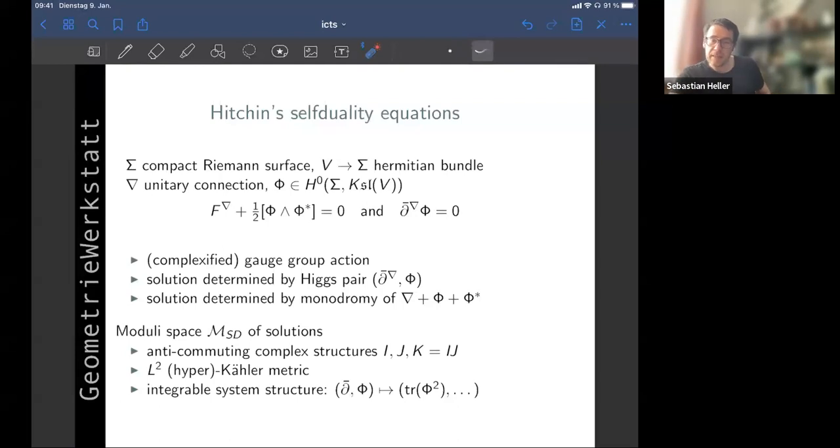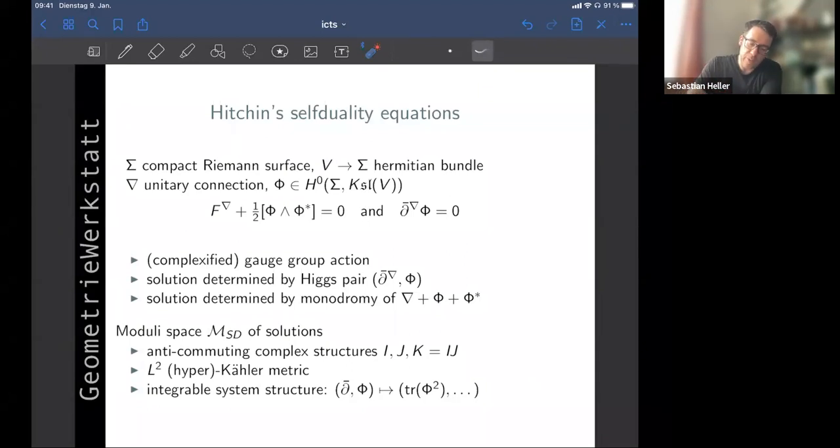So, for example, the generic fiber of this map here is a complex torus, and the hyper-Kähler metric can be described at least far out by corrections of that semi-flat metric, which you get from the integrable system structure. So there's a lot of interesting structure on this moduli space.